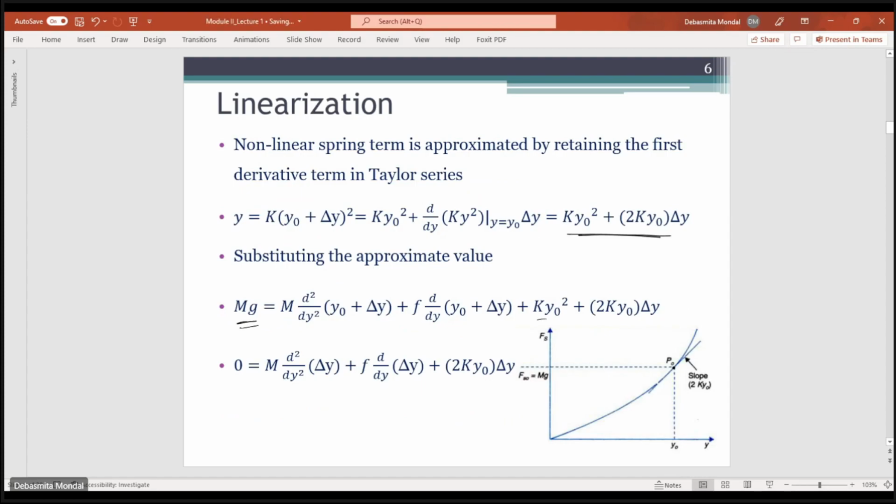So mg and k y0 square get cancelled out, and you get a linear relation, that is m d2(delta y)/dt2 plus this expression, which is equal to 0. So here, using this Taylor series expansion, we are linearizing the system from a nonlinear expression. We are moving into a linear equation.